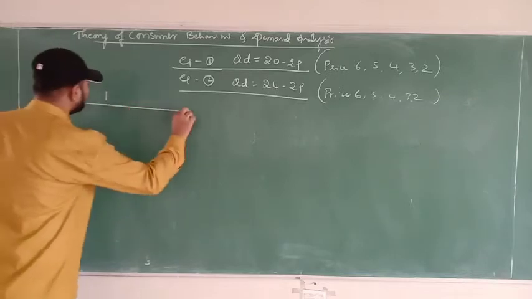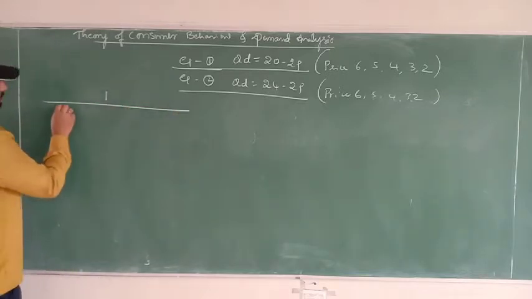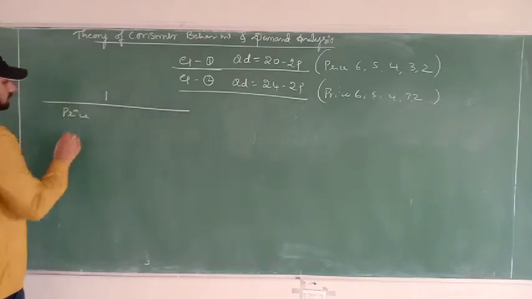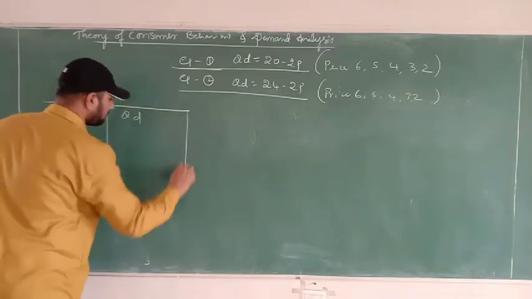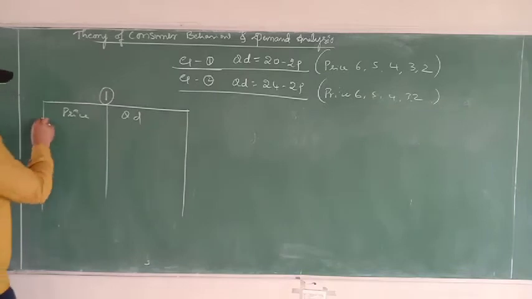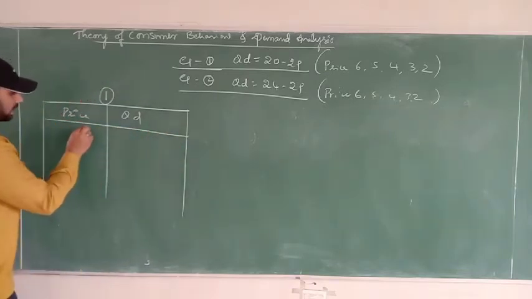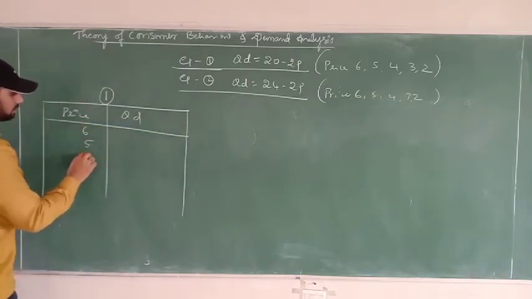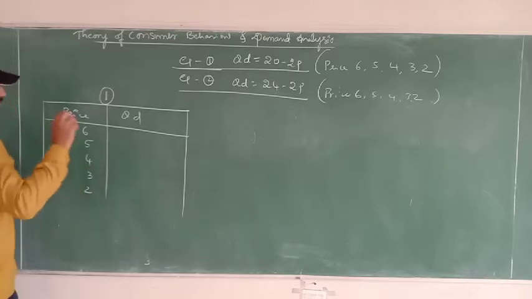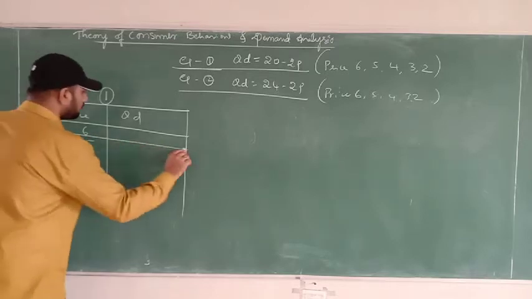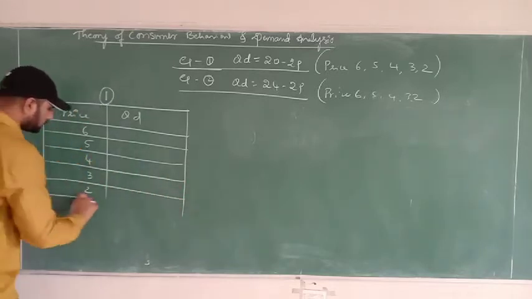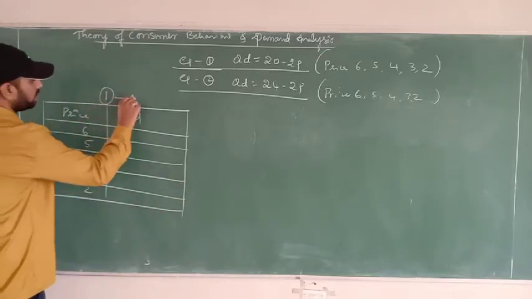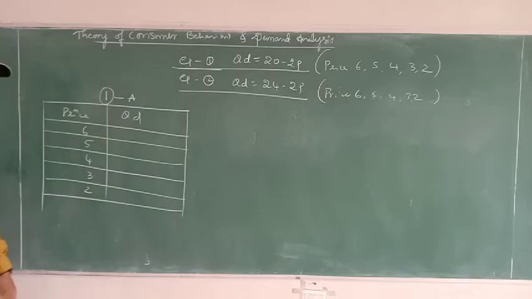Here we have taken two things: one is price, the next one is quantity demanded. Are you clear? And here the price is getting down from rupees 6, 5, then 4, 3, 2. Then we need to analyze what consumer 1, or we can call consumer A, wants to do.